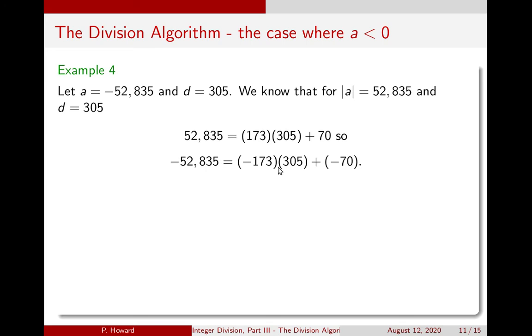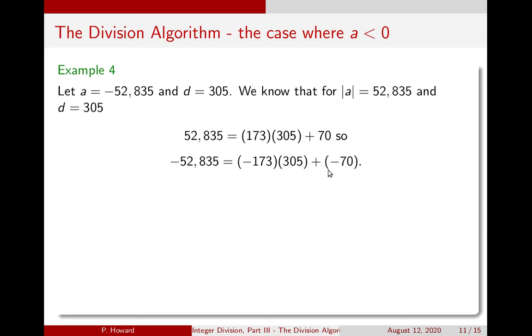The problem now is that minus 70 cannot be the remainder. Remember, the remainder, when you use the division algorithm to divide, has to be non-negative. So we need to make a slight adjustment to the right-hand side of this equation.